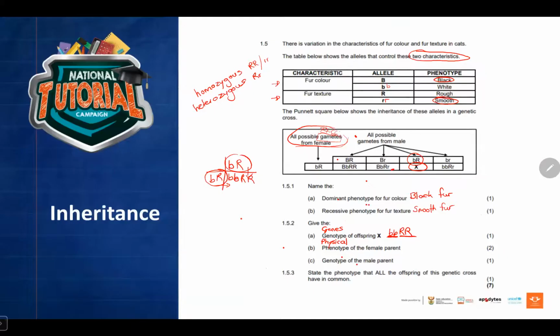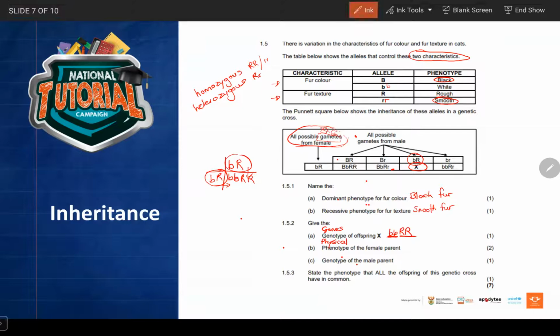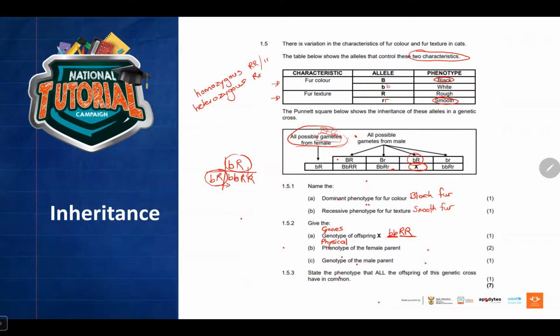And lastly, C asks us the genotype of the male parent. So again, they're asking for genes, not what it looks like. And the genotype for the male parent would then be, let's look at it. The male parent is sending a big B, a small b, a big R, and a small r. How we know that is we take all of the possible gametes that he is sending.